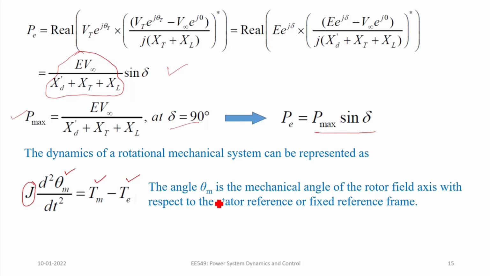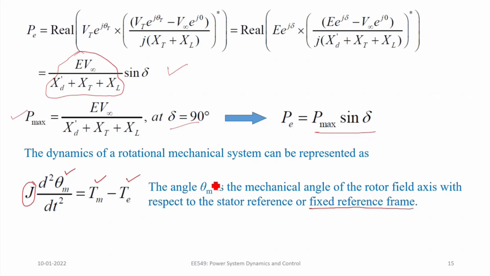So the angle theta m is the mechanical angle of the rotor field axis with respect to the stator reference or fixed reference frame. We'll talk about the fixed reference frame and rotating reference frame later, but up to this point you must understand that the rotor field has an axis that is rotating, right?